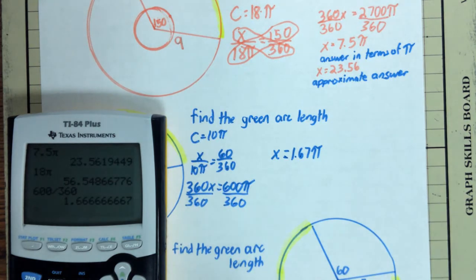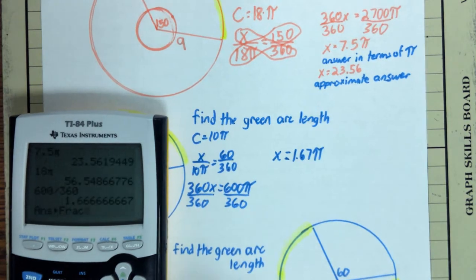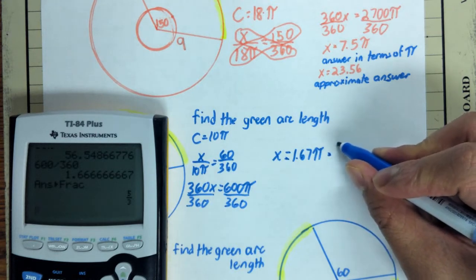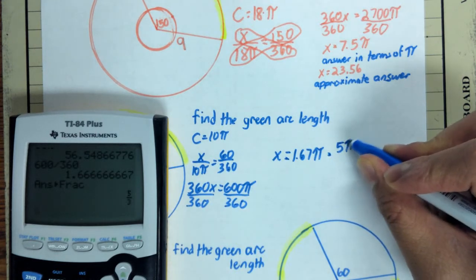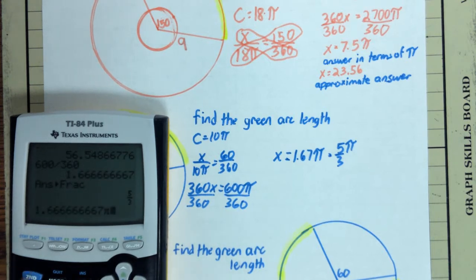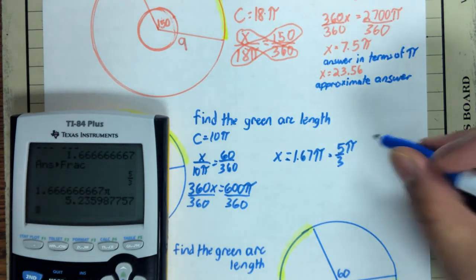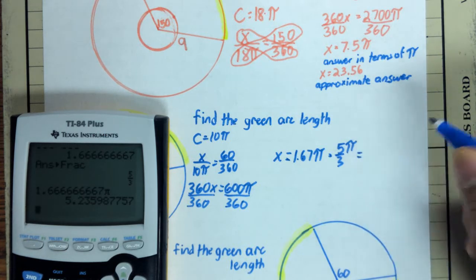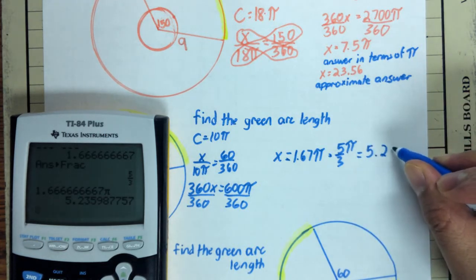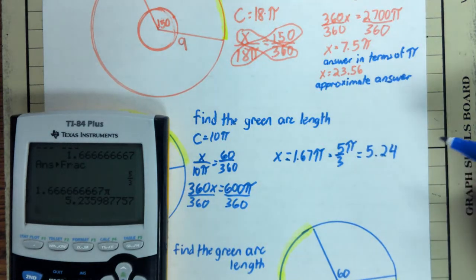As a fraction, that's the same as 5/3 pi. As a decimal, I can do this and stick pi in. .24 rounding.